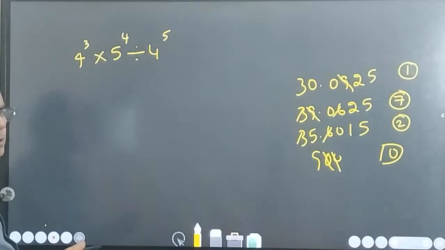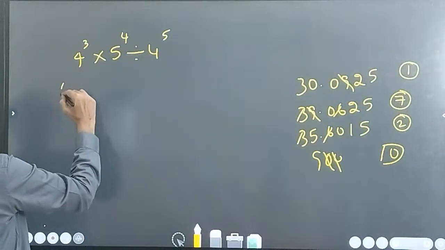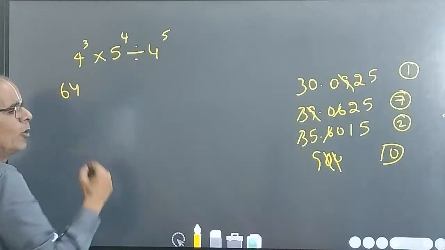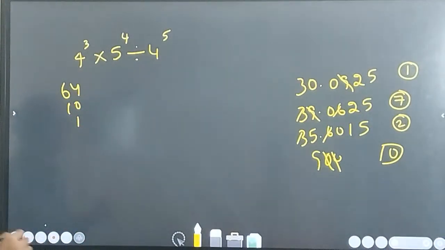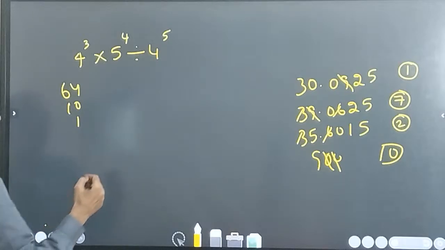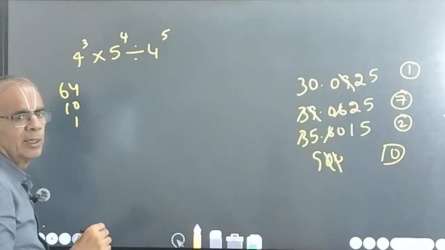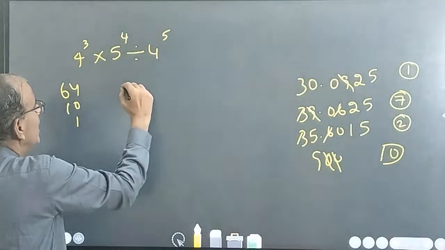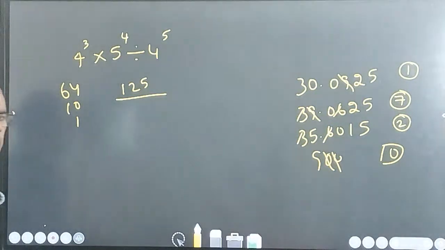4 cube. 4 into 4 into 4, how much? 64. 64 means what? 6 plus 4, 10. 10 means how much? 1. So 1 is not going to affect at all. 5 to the power 4. 5 into 5, 25. 25 into 5, how much? 125, divided by 4 to the power 5.